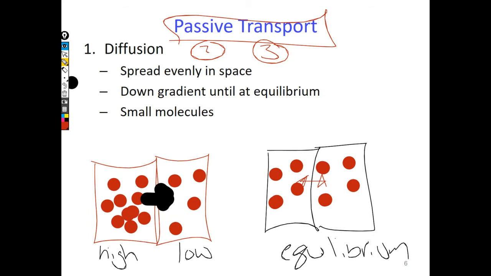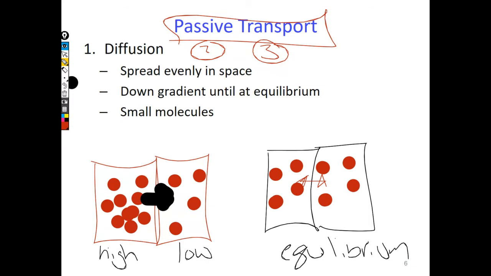Okay, so remember, the goal here is we want to get things across the membrane and into the cell, like food, water, air. Okay, but the membrane is still supposed to be keeping the bad stuff out. Okay. So we need several different methods that allow us to keep the good stuff in while protecting ourselves.